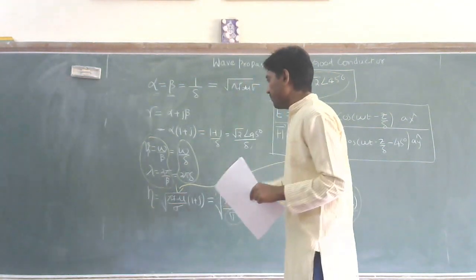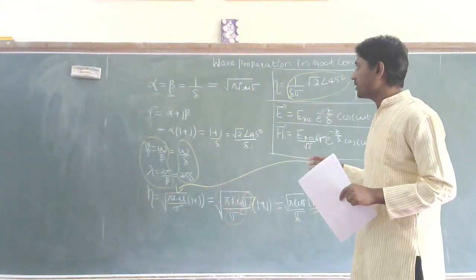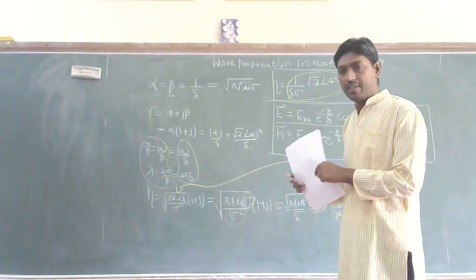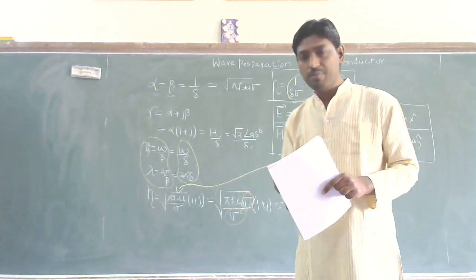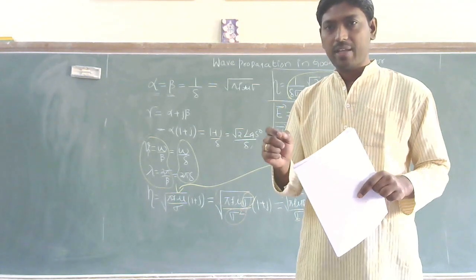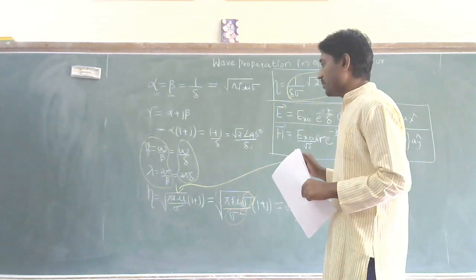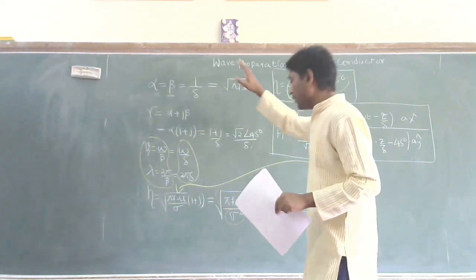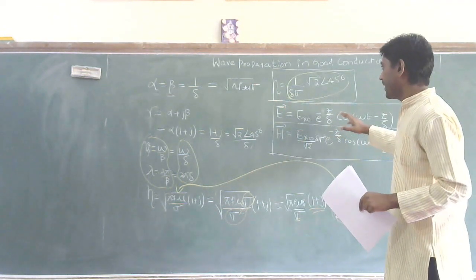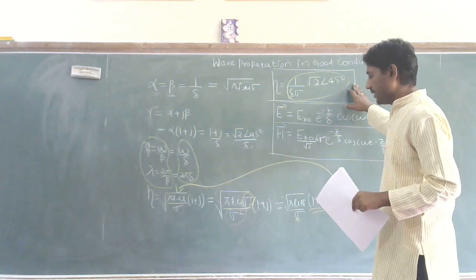We studied the concept of skin depth, which measures the depth to which the wave can propagate in a given medium, and that depends upon the frequency. Next, we wrote the whole wave characteristic in terms of skin depth.